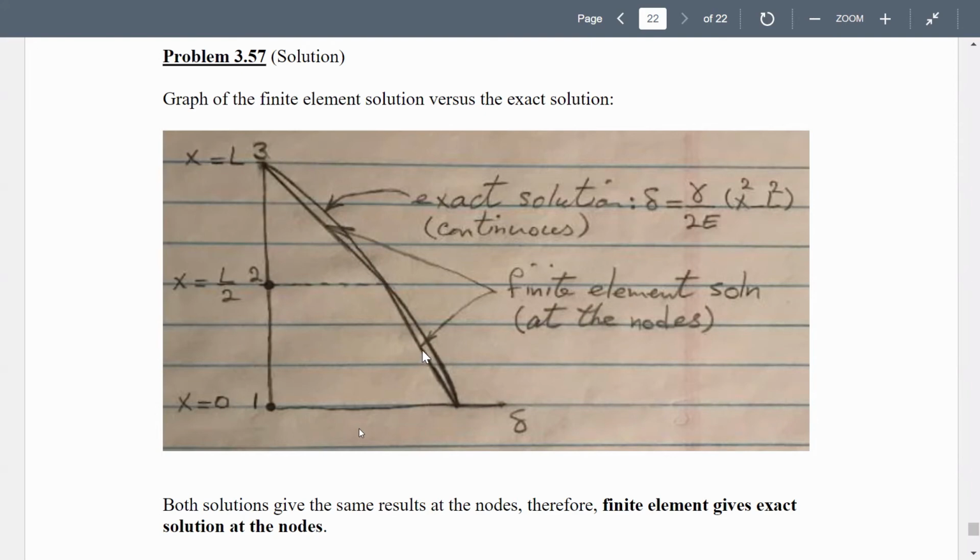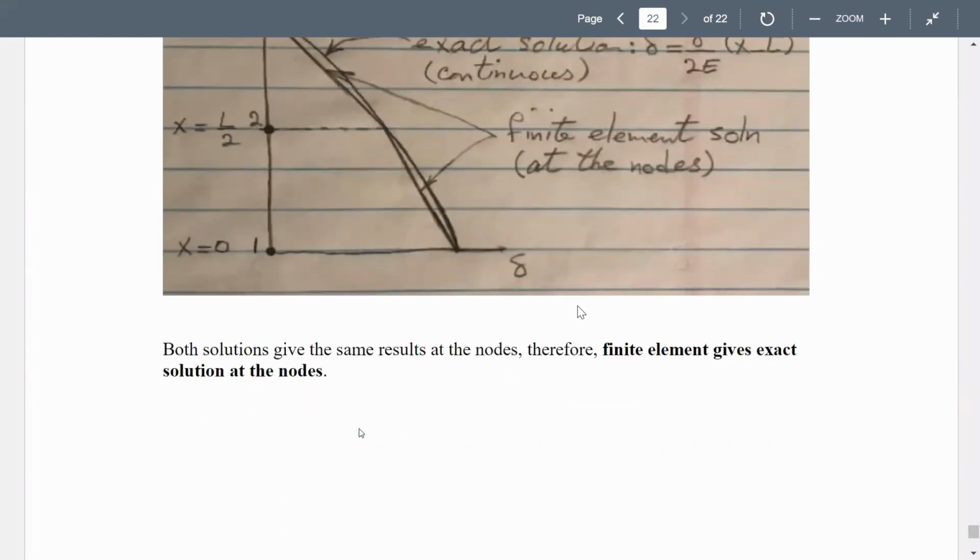But of course, if you interpolate at other locations, in the finite element method you use a linear function, therefore our variation is like this. But at nodes, it matches with the exact solution. That's what we wanted to see. Finite element gives exact solution at nodes. In many problems, actually, finite element methods match with the exact solution.